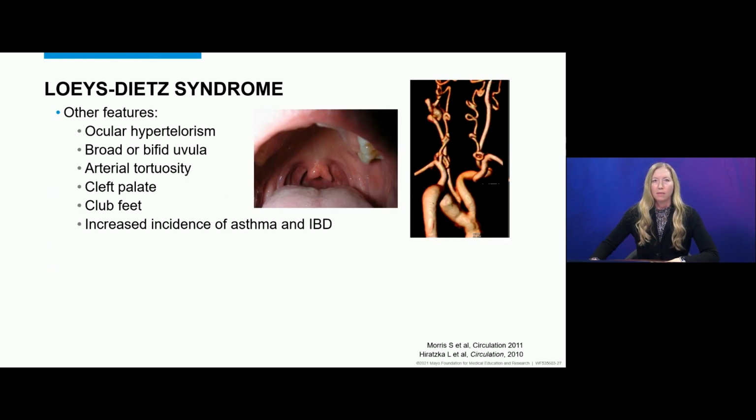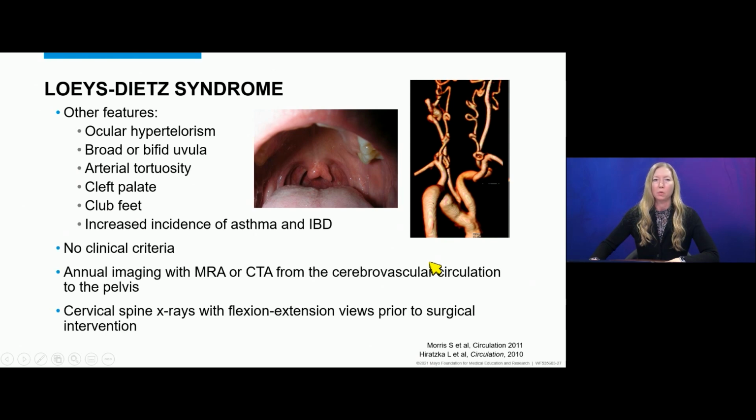The clues on exam are things like hypertelorism or wide-spaced eyes, the broad or bifid uvula, which I mentioned before, the presence of tortuous vessels, cleft palate or club feet, so we take a careful history. These patients also have an increased incidence of asthma or inflammatory bowel disorders. We don't have clinical criteria, so we refer these patients for genetic testing.